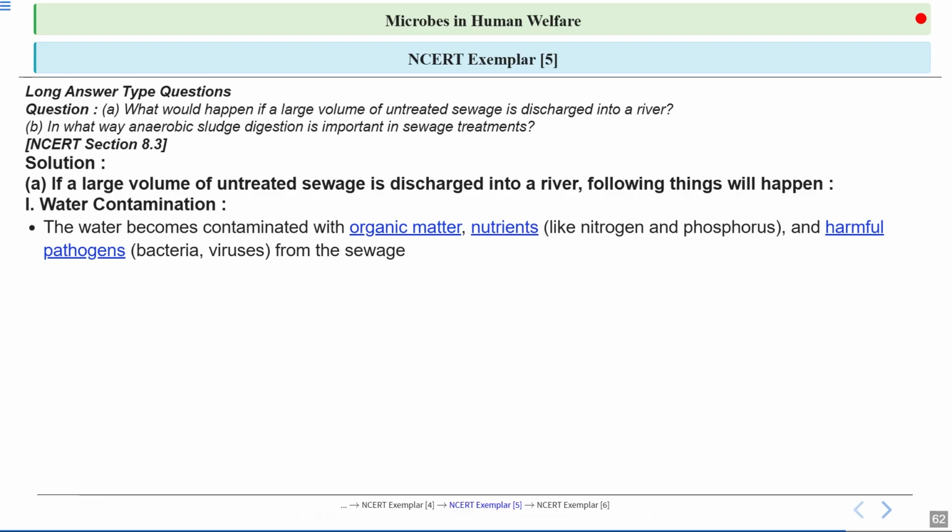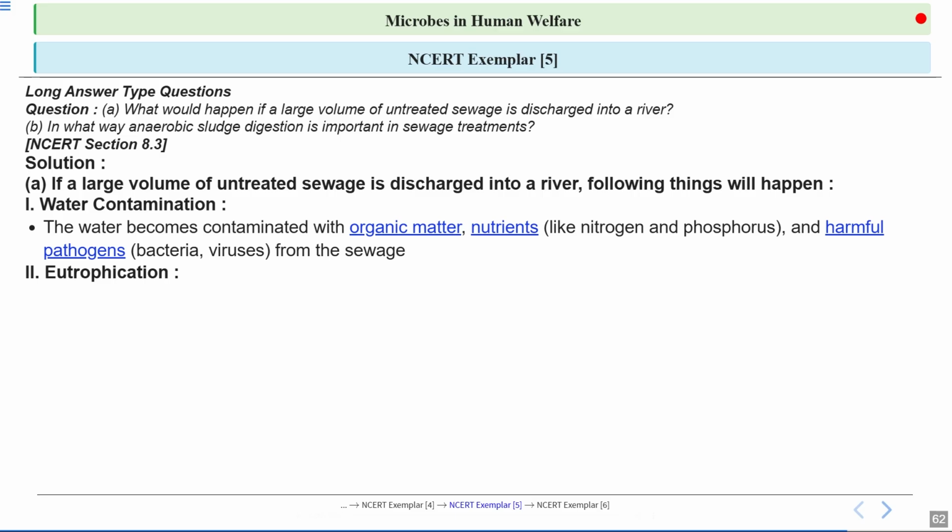So the water becomes contaminated with organic matter, which means the BOD can also increase, and this can affect aquatic life because a lot of oxygen will be used for the decomposition of the organic matter. Nutrients such as nitrogen and phosphorus can also increase, and harmful pathogens which can cause diseases can also increase. So this can lead to eutrophication also.